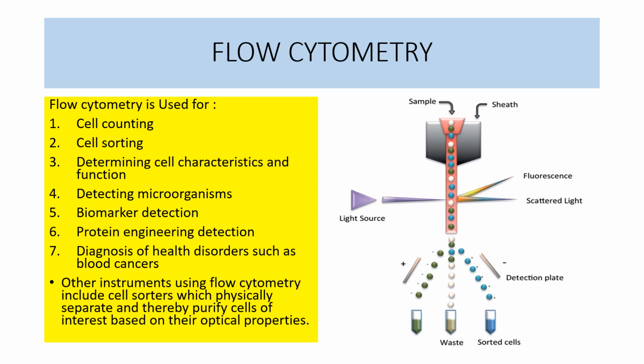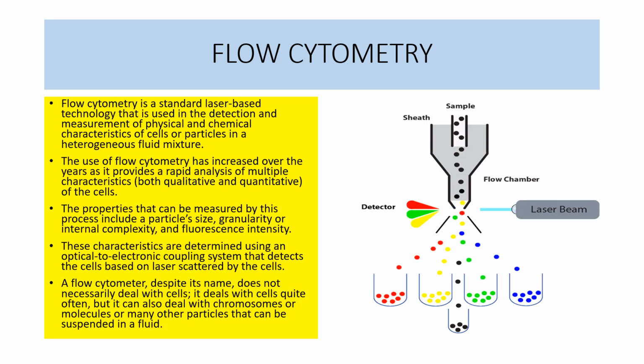Then the detection plates are there with positive and negative charges. The cells are made to cross them, and depending upon the charge on them they will be sorted to different vials. So in this way cell sorting is done.